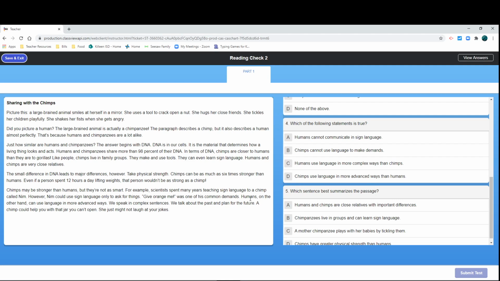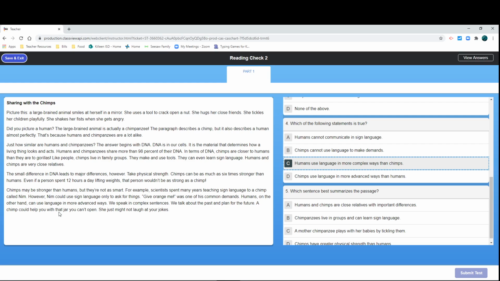So basically you have to find the text that supports either humans have more advanced language than chimps, or chimps have more advanced language than humans. We come down here. Humans, on the other hand, can use language in more advanced ways. So our text evidence over here supports C. All right. And then it has a little joke down here.